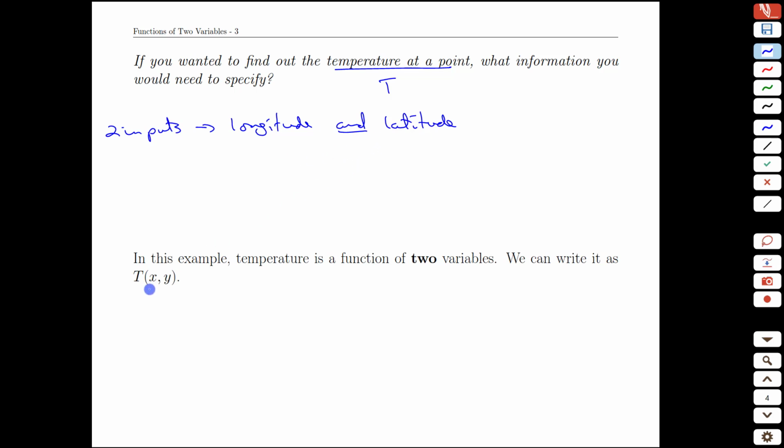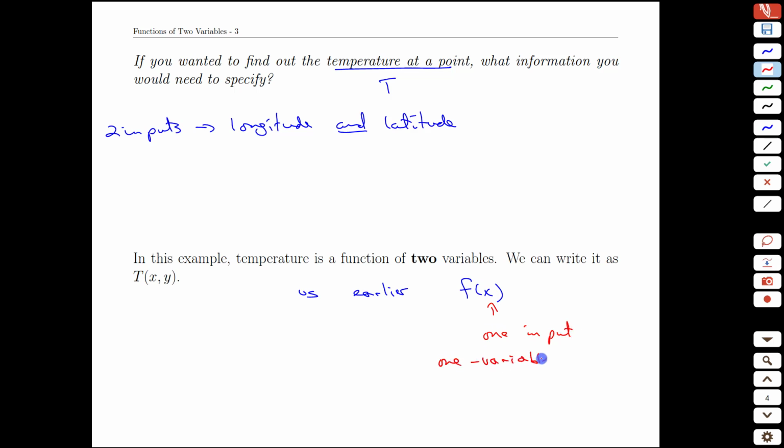With that in mind, this is how we can translate our earlier functions into a new syntax or a new set of symbols. We would say the temperature depends on x and y, or in brackets x, y are the inputs to that function, versus earlier, where we had a function of x, that had a single input, and it was a one variable function.